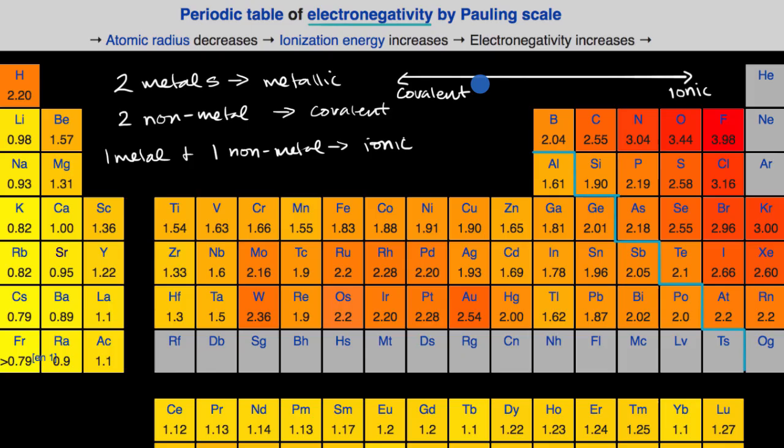So let me draw a little arrow here. This is increased electronegativity difference as you go from left to right, and you're becoming more and more polar covalent.